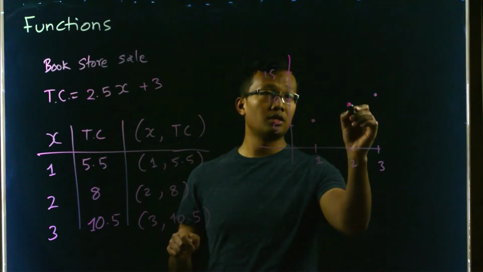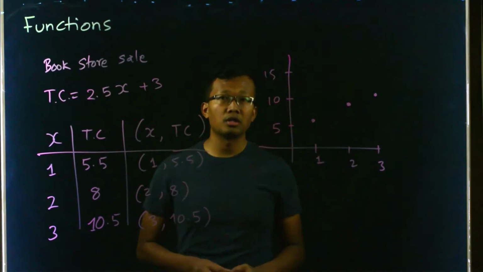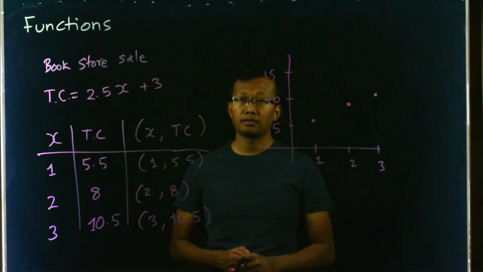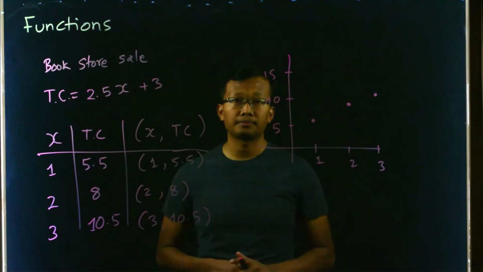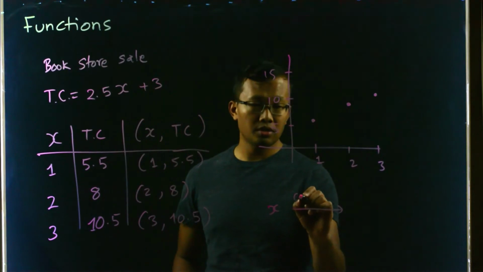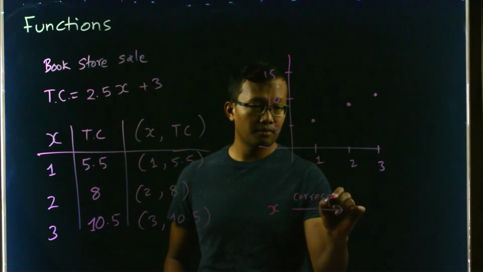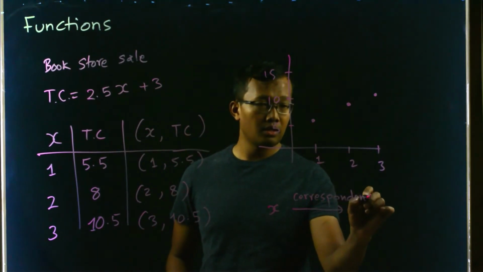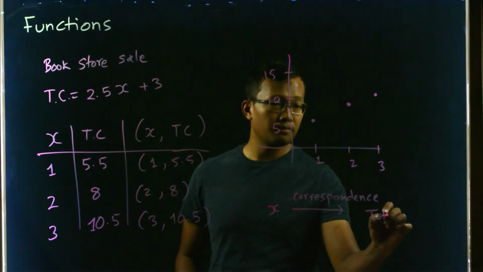So in this way we can plot the graph of the ordered pairs. X has correspondence with the total cost.